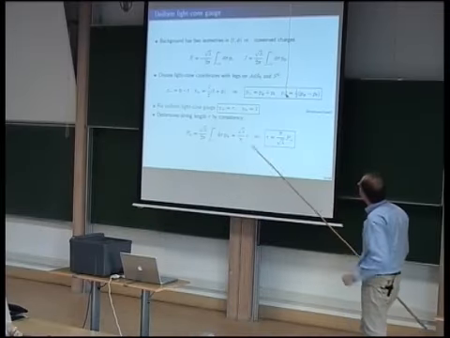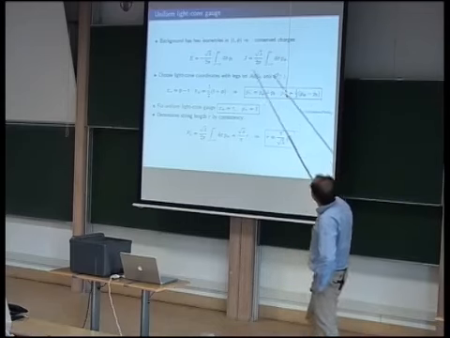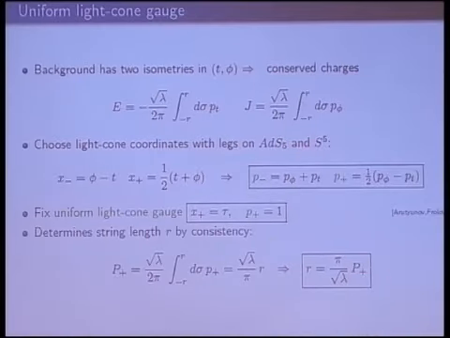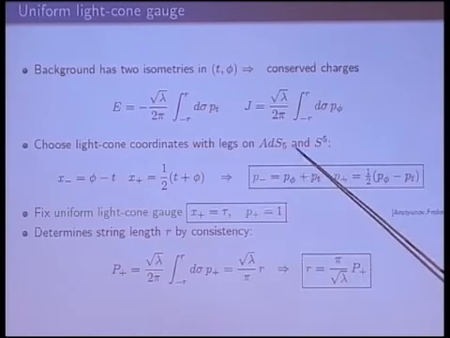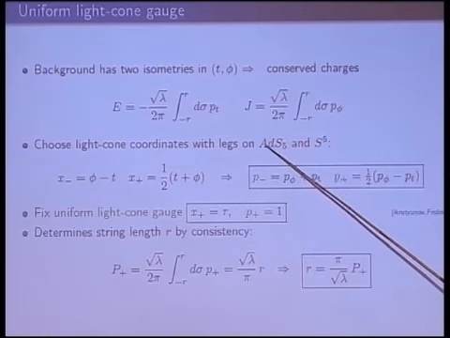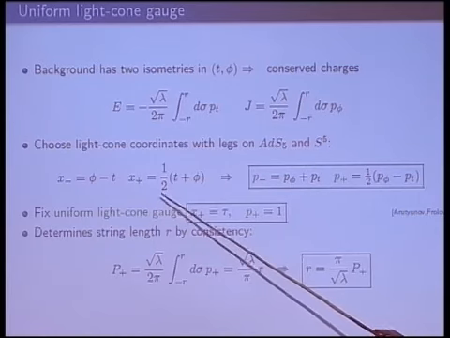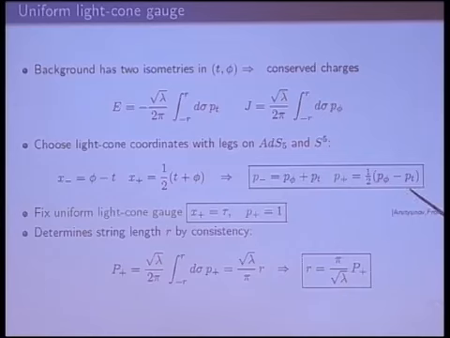Good. So I already mentioned these two conserved charges, the energy and the angular momentum J. And what one does next is introduce light cone coordinates by choosing exactly the time, of course, in AdS5, but the second leg of the light cone coordinates to be exactly this angle phi on the great circle on S5. So this is the combination x minus and x plus. These are the associated momenta.